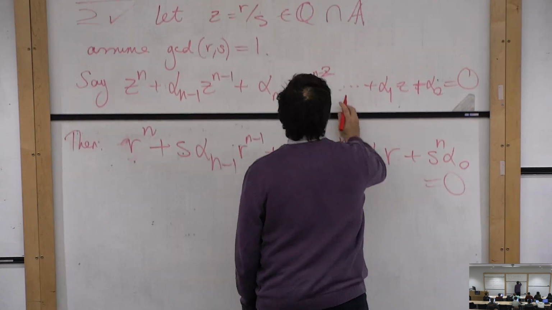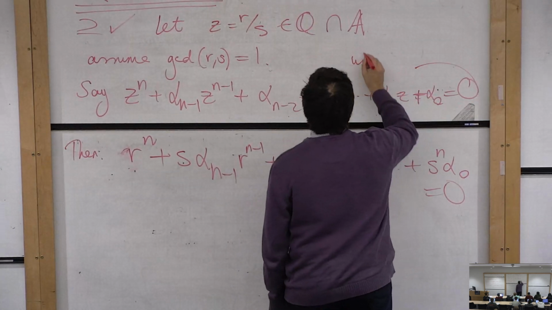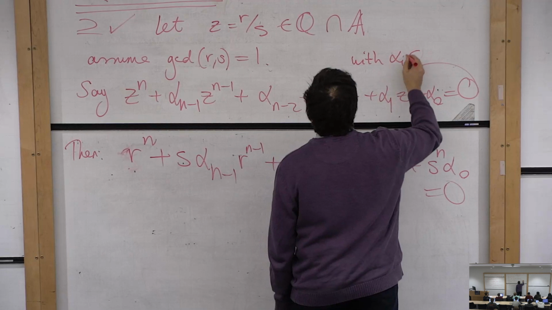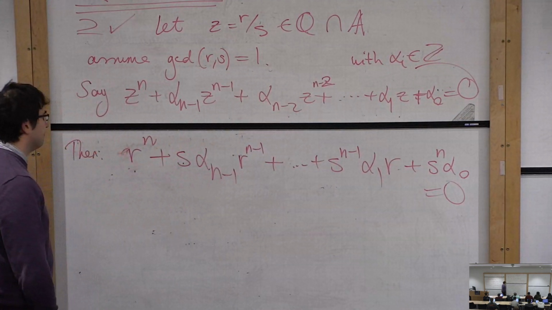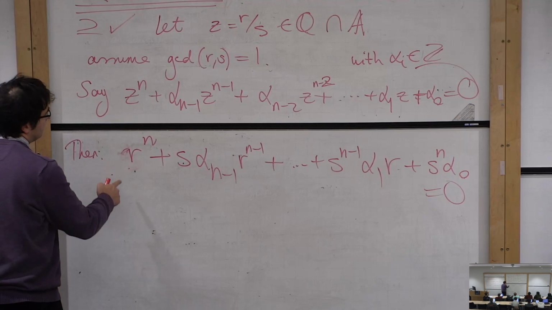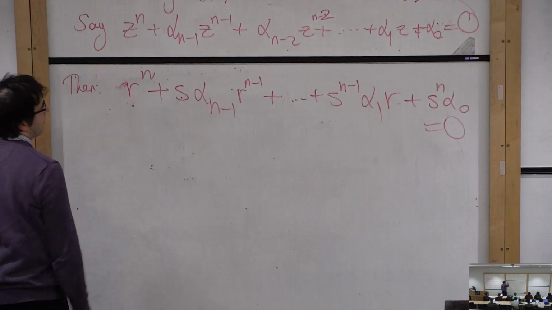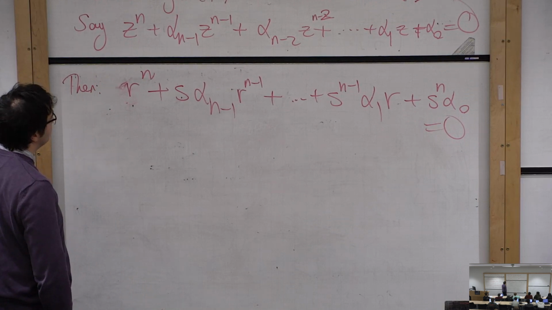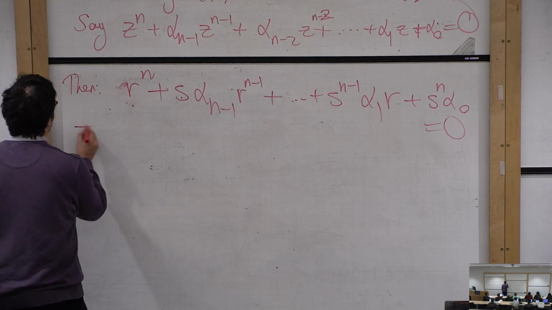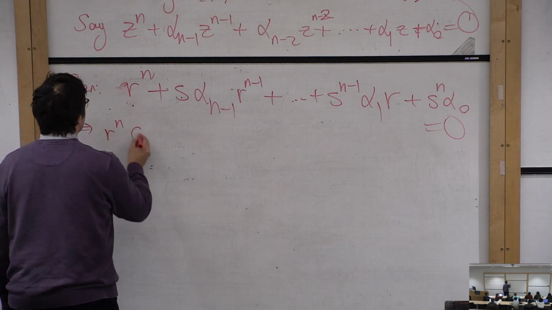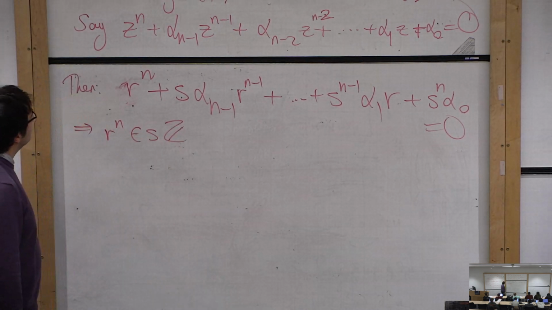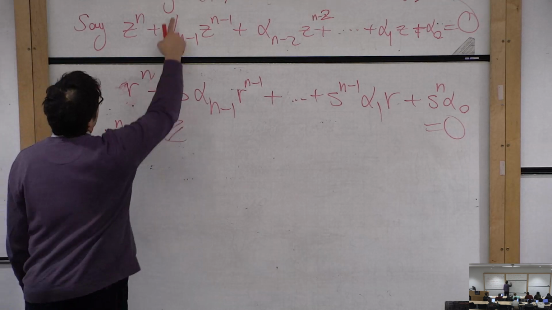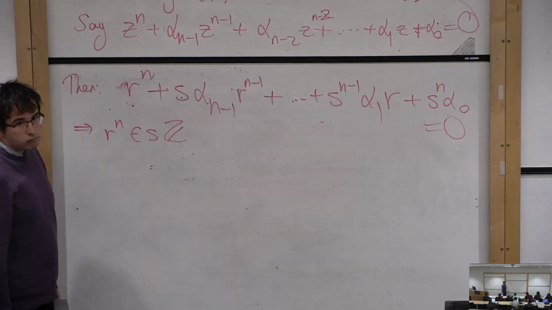And here, of course, with all alpha i integers. So this is now an equation in integers. Everything inside is an integer. But in particular, we'll get that r to the n is a multiple of s, and that's not good because r and s are coprime.